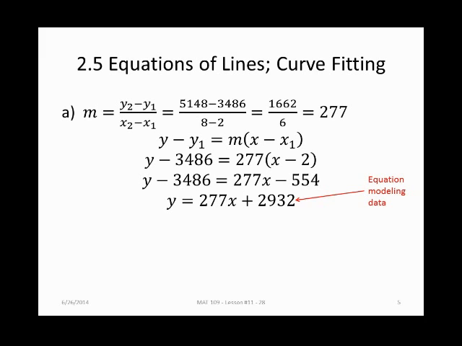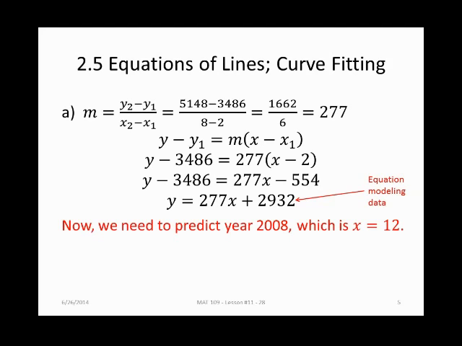The second one was we need to predict the value for the year 2008. We don't have that value in our table. This equation allows us to come up with a reasonable prediction of that. If we use this idea of x, where x equals 0 represents 1996, and then you add 1 for each year after that, 2008 is 12 years after 1996, therefore x equals 12.